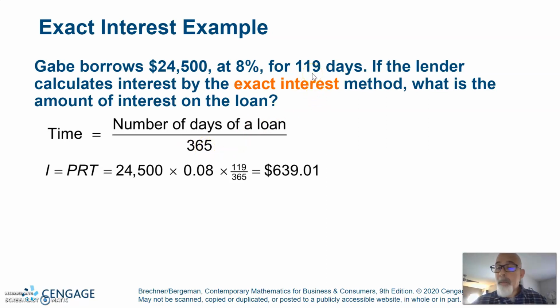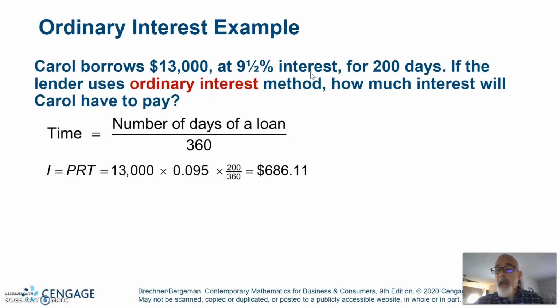This follows the same thing as months, except that number 12 at the very bottom for months may not always be the same. If you go to a problem where they talk about ordinary interest, okay, same thing. Here's where you have to go back and make the difference. They do not use 365, they use 360 as the bottom number of this fraction out here for the ordinary interest.